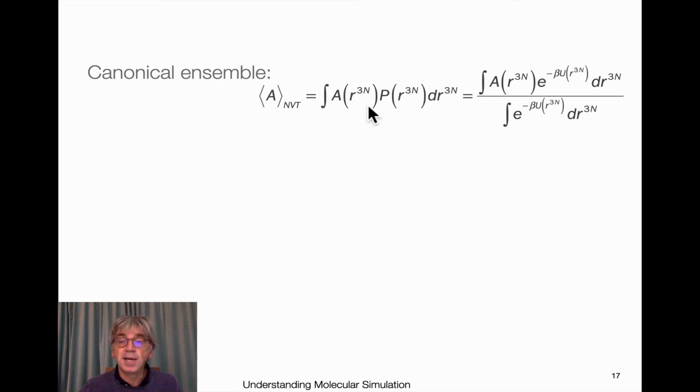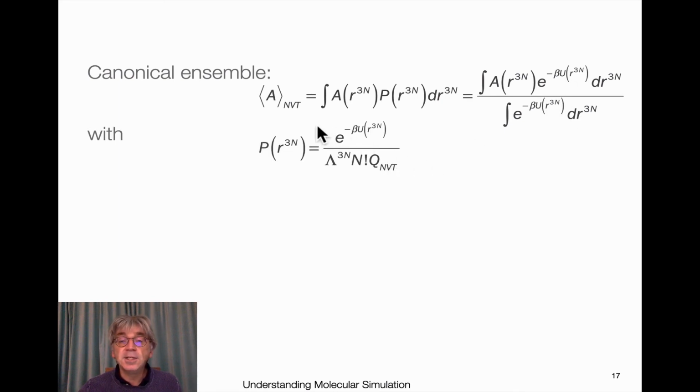So here we have the energy of this configuration, here we have the weight of this configuration, and we integrate over all possible configurations. This thing is normalized, so you can say this is proportional to the Boltzmann factor.